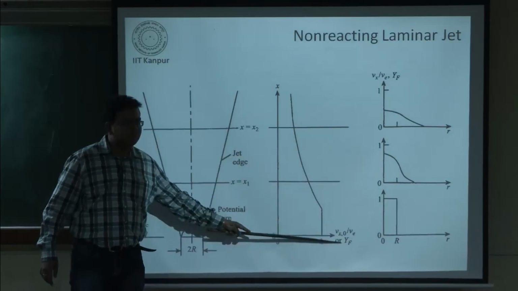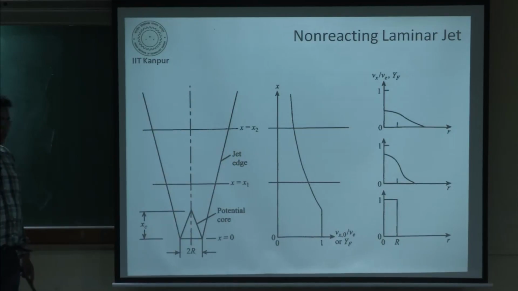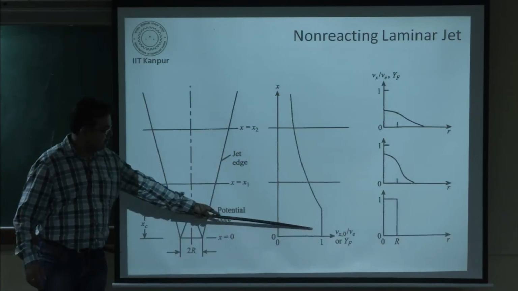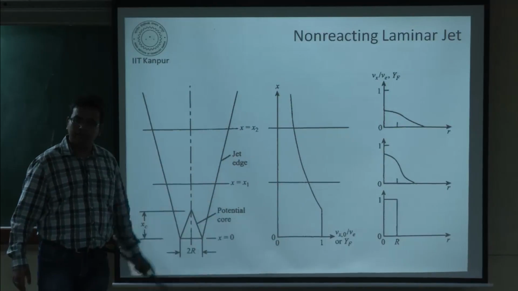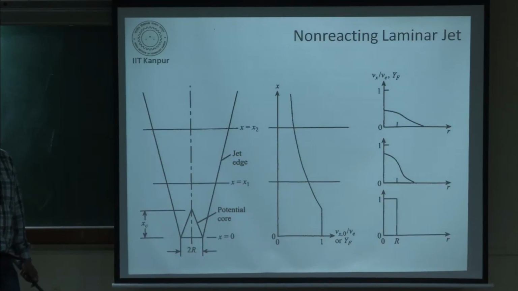So, you can observe the similar trend for the species concentrations. So, for unity Lewis number, unity Schmidt number, you can see the similar profiles. Okay. Now, we are going to analyze this type of laminar jet, which is basically non-reacting. So, there is no density change in this, right.